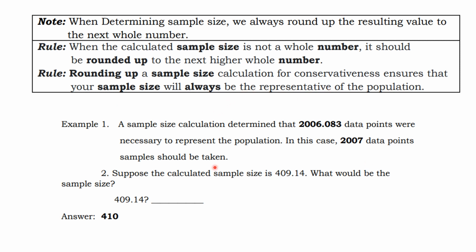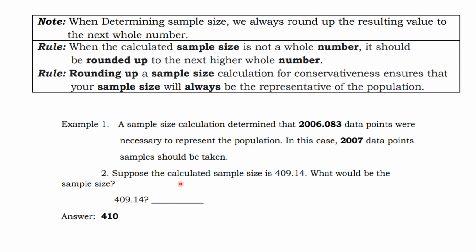Example, if the sample size calculation determined that 2006.083 data points were necessary to represent the population, then the sample size to be taken must be 2007, even though the digit after the decimal point is not equal to or greater than 5. So we always add 1 to the number and express that as a whole number.